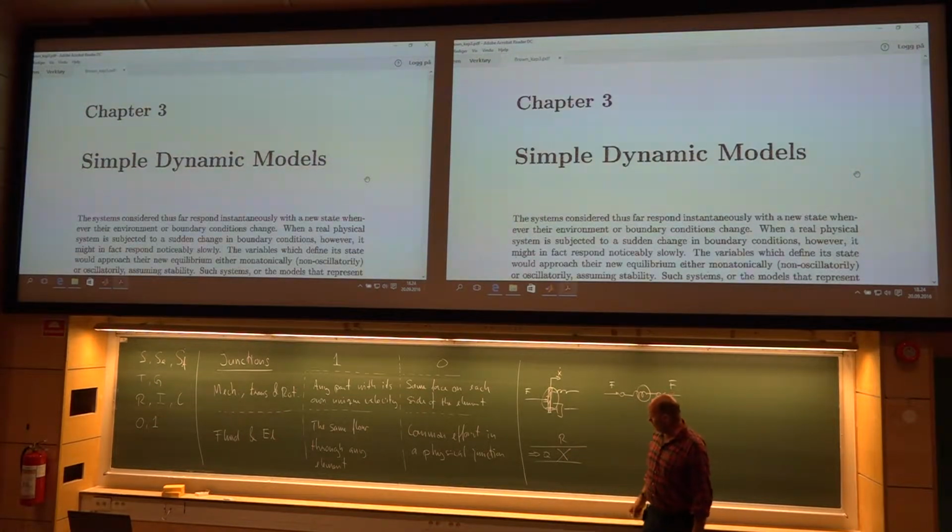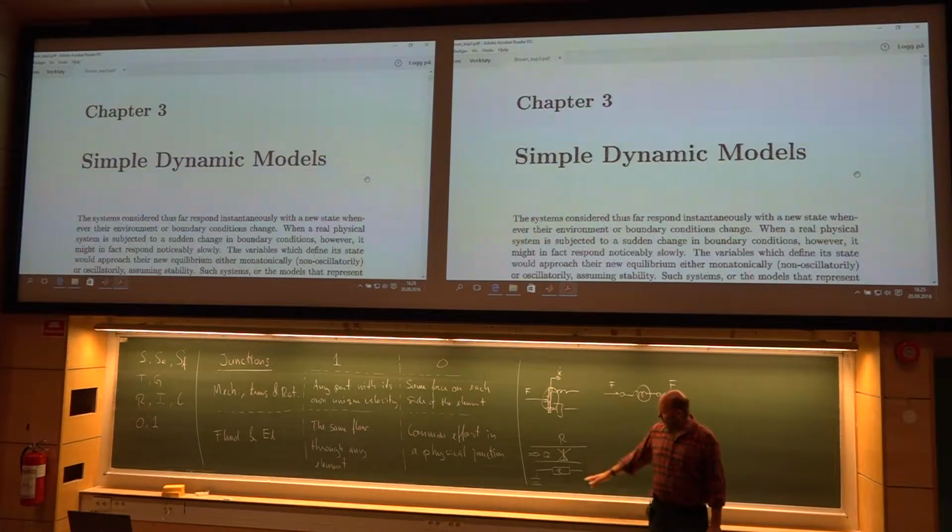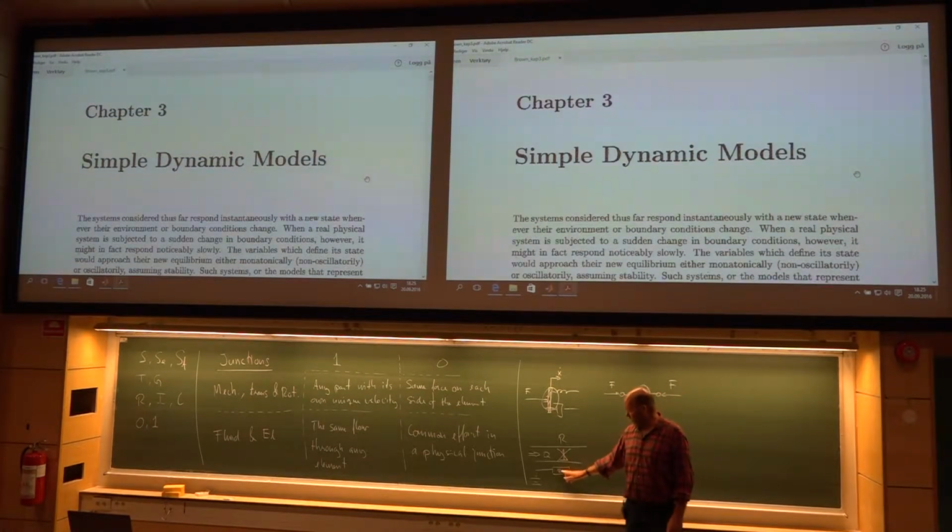So same flow, okay. Then we insert a one junction at this point. Or if you have an electric wire, some battery or something, and then you insert here a resistance, like this. It's the same current going through this resistance, no matter what else happens to the system. Insert here a one junction for this resistance.